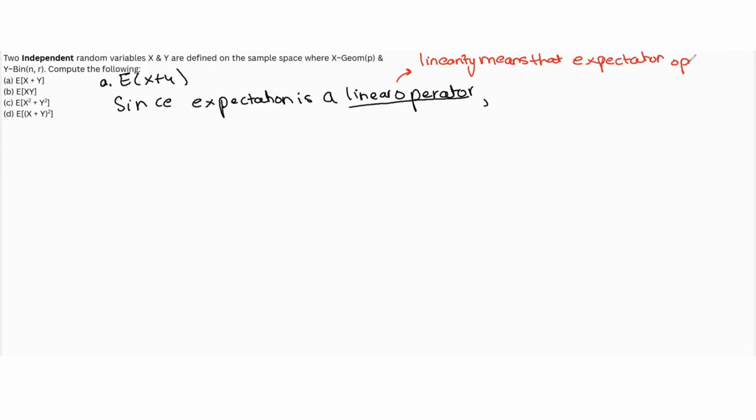We mean the expectation of a sum is the sum of expectations, and constant multiples can come out, right? So this is what we mean when we say expectation is a linear operator.